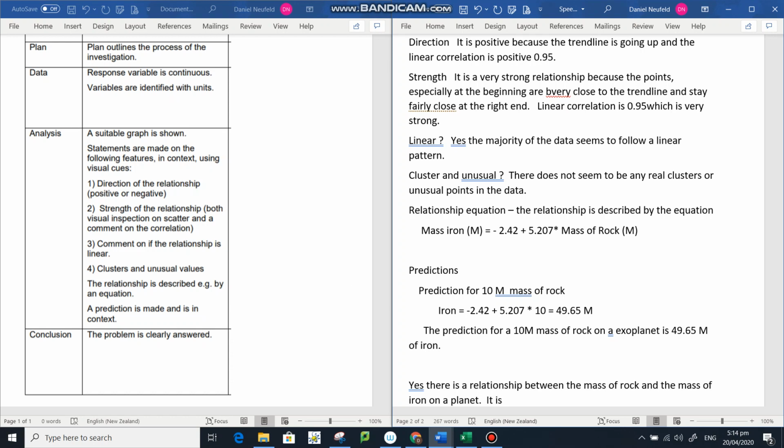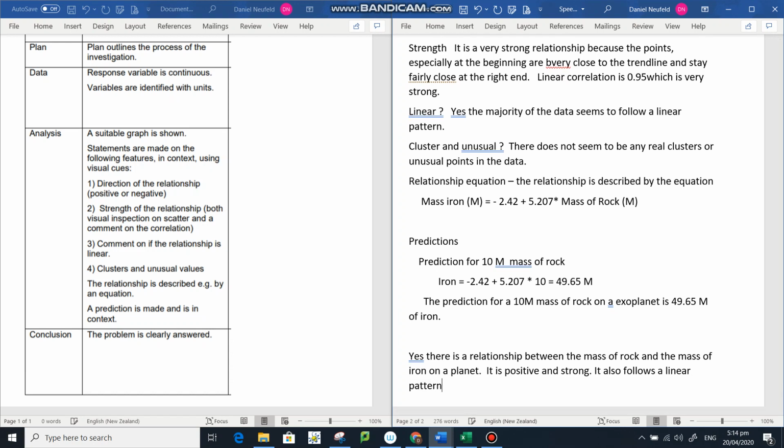It is positive and strong. It also follows a linear pattern. That's it. Is it in context? Yes. There is a relationship, positive, strong, and that's done.